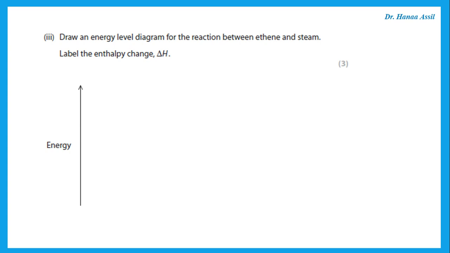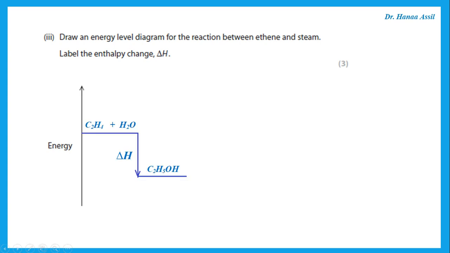Draw an energy level diagram for the reaction between ethene and steam. Again, I'm going to remind you, the other time we were required to draw energy profile diagram, and we said in energy profile we show the activation energy. Here we're just required to draw energy level diagram, no activation energy.